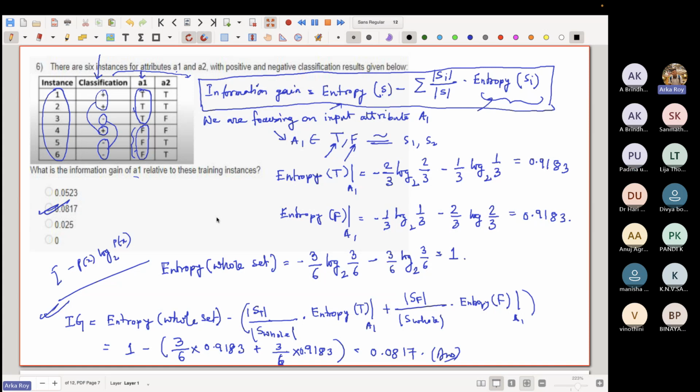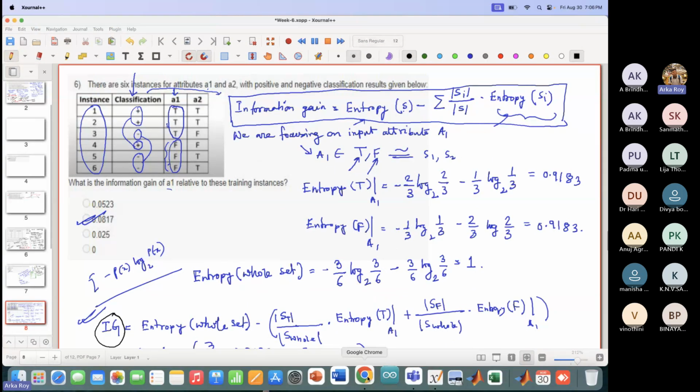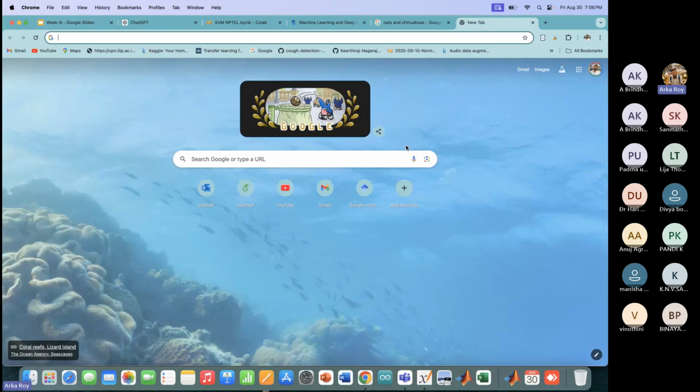Okay. So I think, because this particular example is not a complete example, this is just to show that we are intending to calculate the value of information gain over here. But what it basically means, I think I have to go to the week's lecture and download it from there, and I can show you what it means.